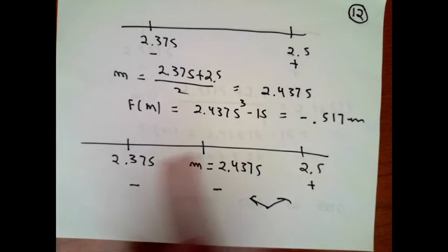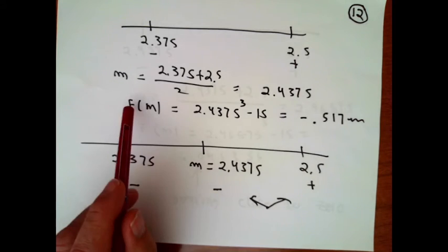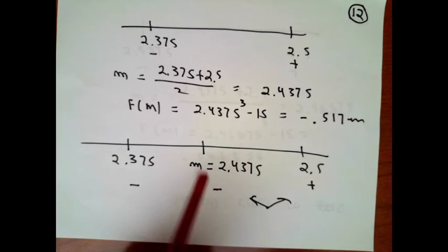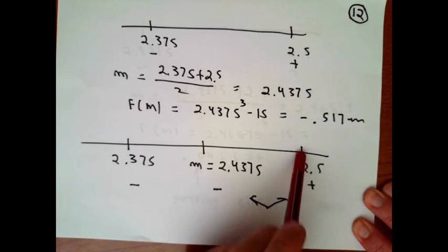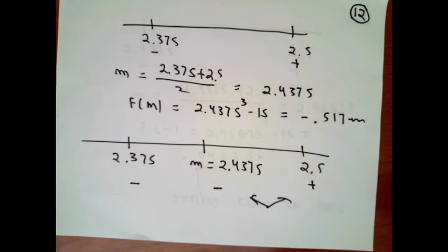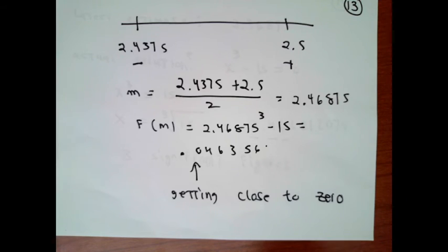Negative, positive, negative. There is a solution to my equation between 2.4375 and 2.5. And then do it again. By this time, the details should be obvious.